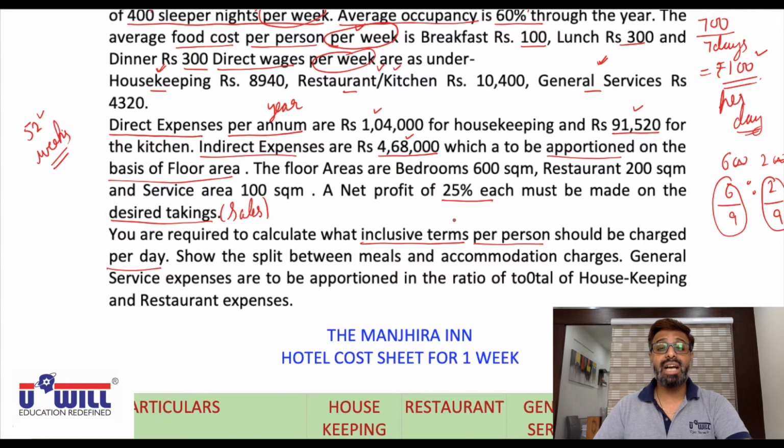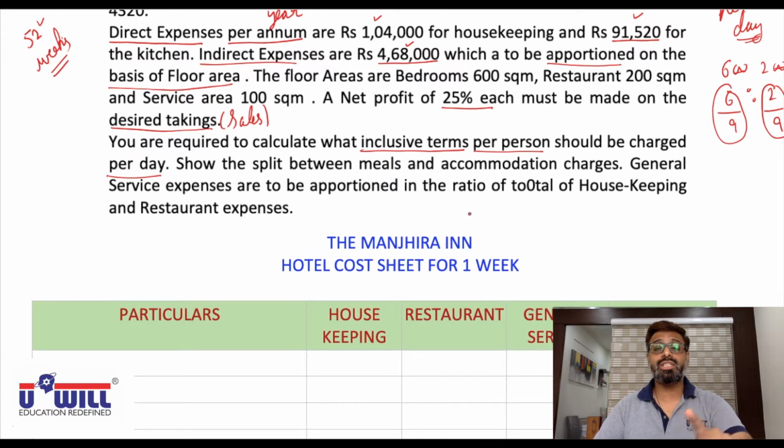So how much should be charged per person so that all these costs plus our desired profit of 25% is recovered. Show the split between meals and accommodation charges as we did in the last lecture also. This means that for these inclusive terms, we have to find separately how much should be charged for food per person per day and how much for room per person per day.